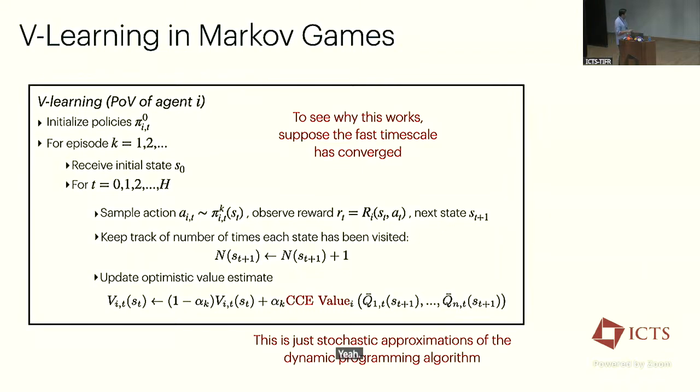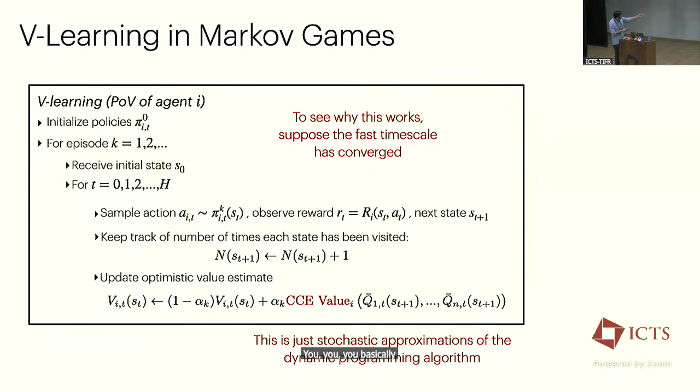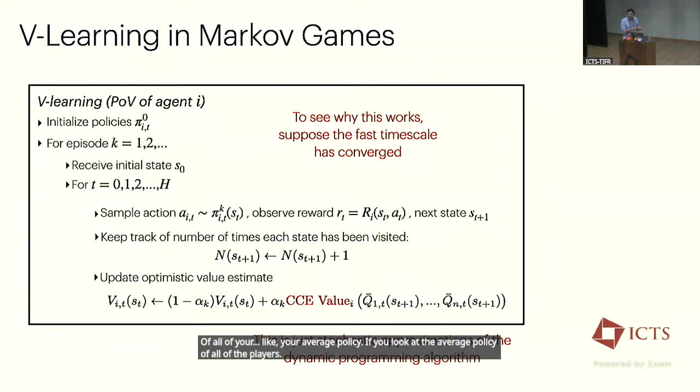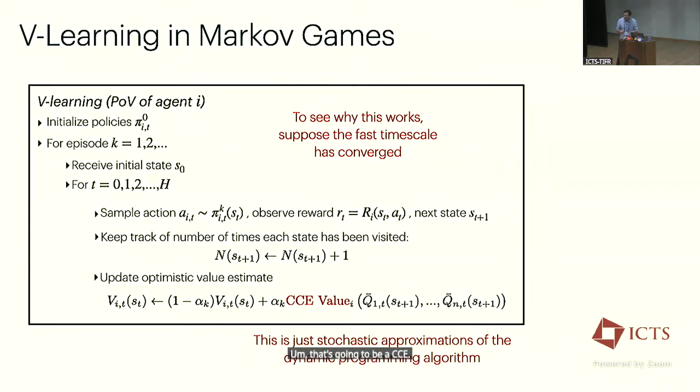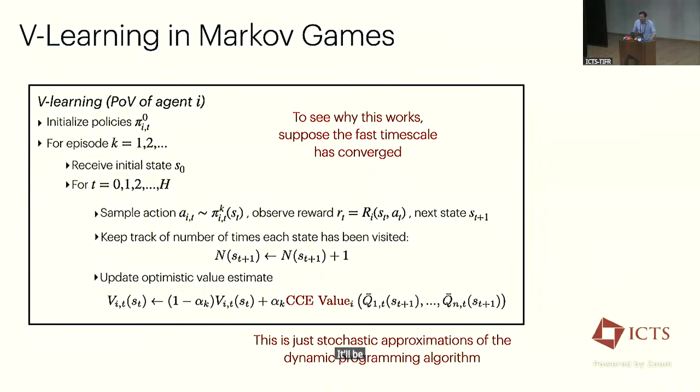That's a really good question. So basically, this algorithm is technically missing a step, which is that you output your average policy. If you look at the average policy of all of the players, that's going to be a CCE. If you uniformly sample from the policies played by all the players, it'll be a CCE.